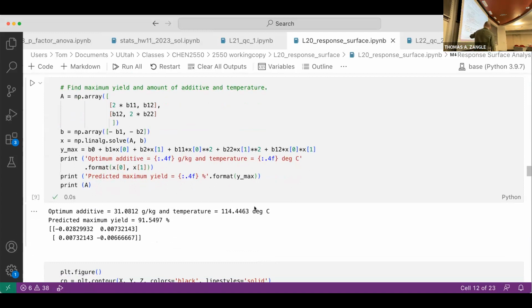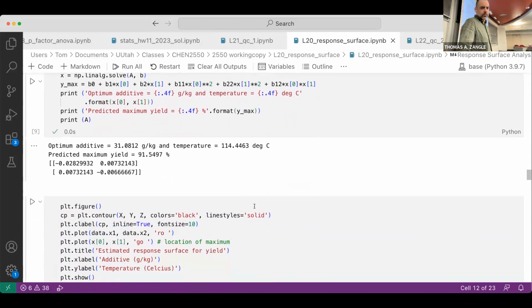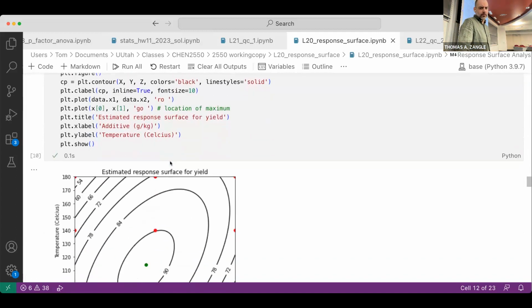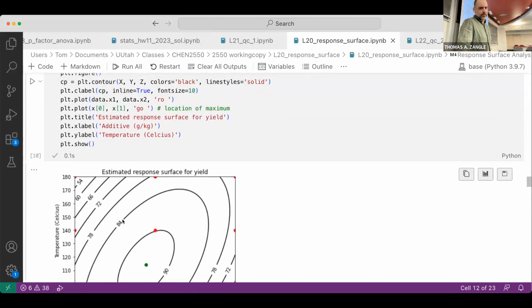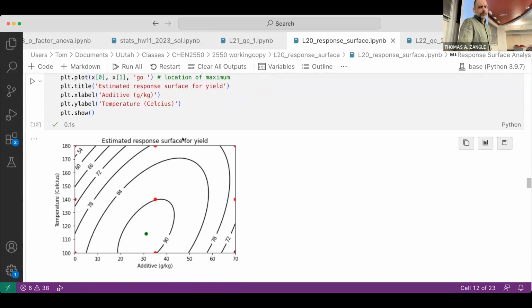So from this, we know roughly where the operating condition should be. This is now a response surface that's again plotted using that contour plot, an estimated response surface for yield. We've now put in that optimum potential operating point here, labeled in green.